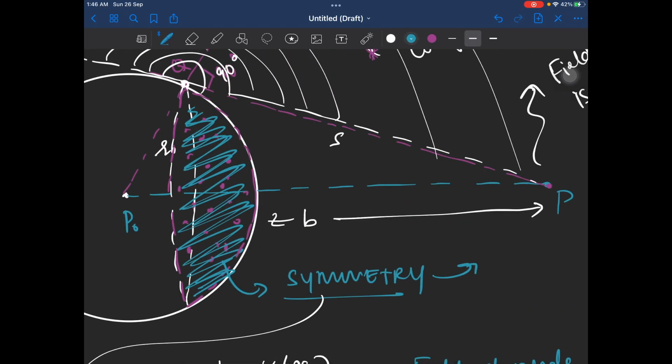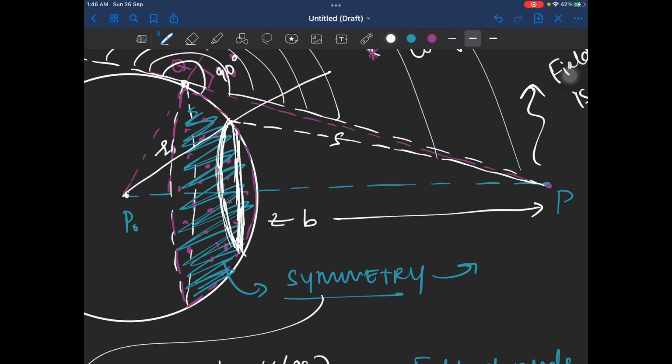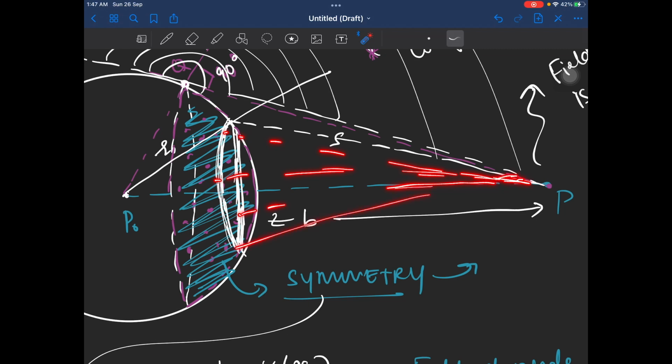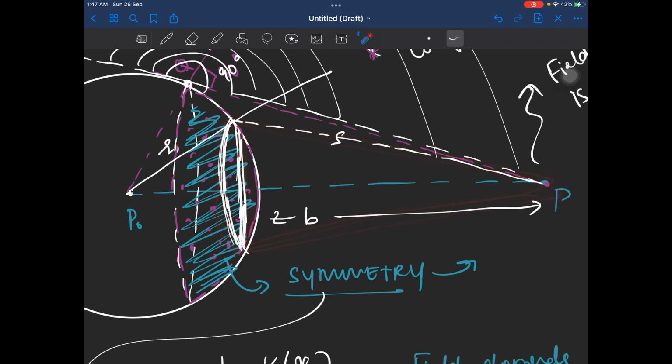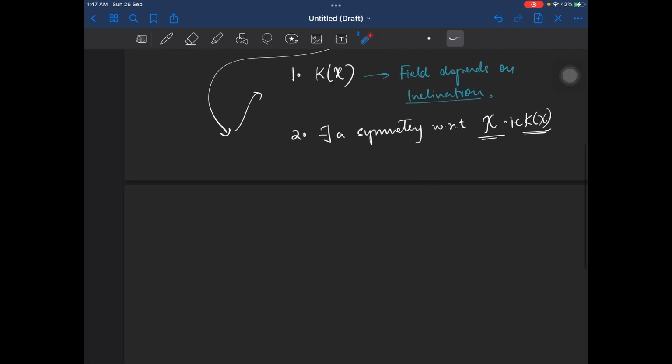There is a surface, there is an infinitesimal area. This has the same chi all over here. This is a 3D figure, a cone. So you see a cone of similar chi's. Cool, right?